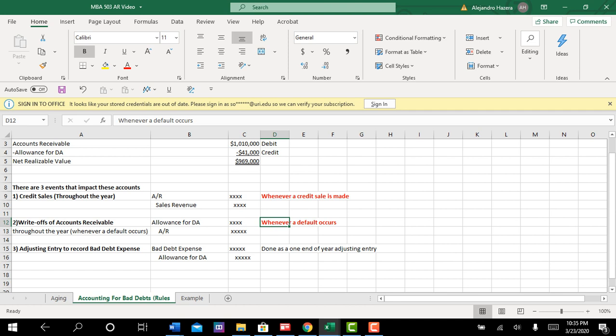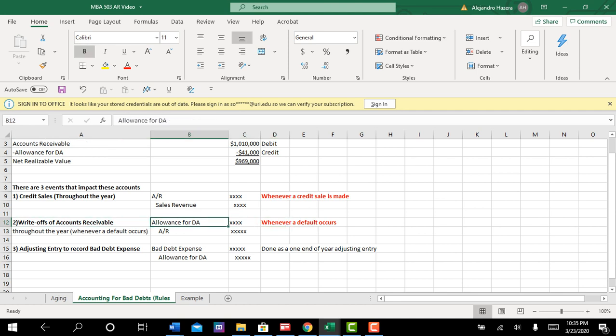Accounts receivable, there's two claims in there that a company is saying. They're saying, number one, that somebody owes them something. The second claim is that that person can pay. If that person can no longer pay, out of honesty and good accounting and legality, you've got to write off the account, take it out of accounts receivable.